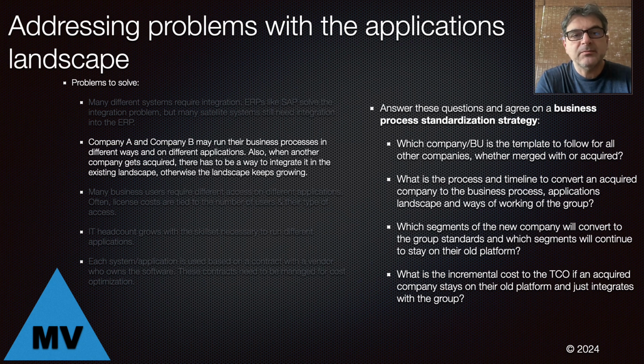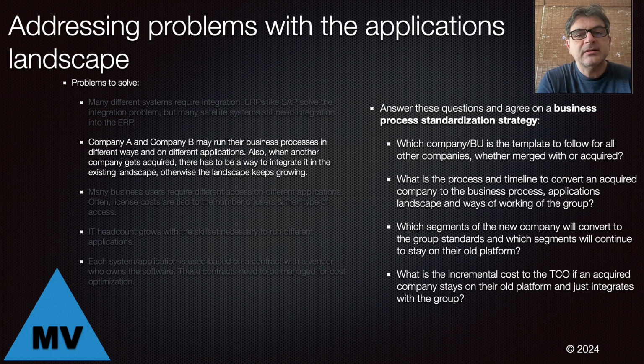Which company, business unit is the template to follow for all your other companies, whether merged or acquired? What is the process and timeline to convert an acquired company to the business process, application landscape, and ways of working of the entire group?